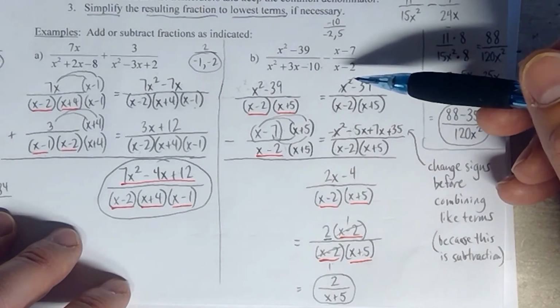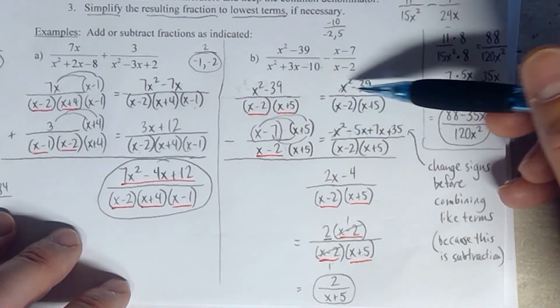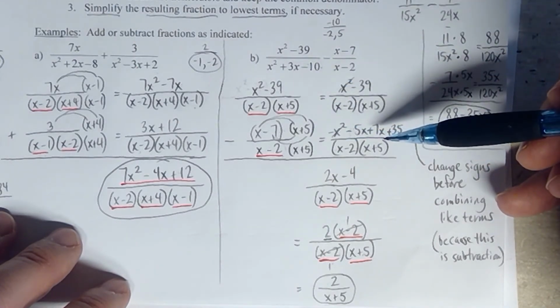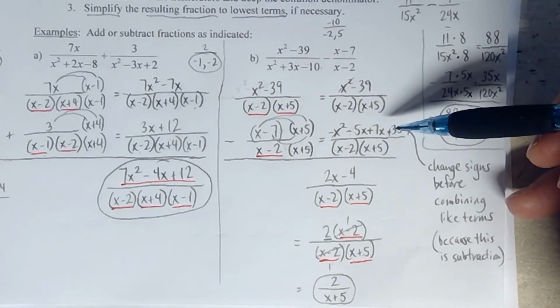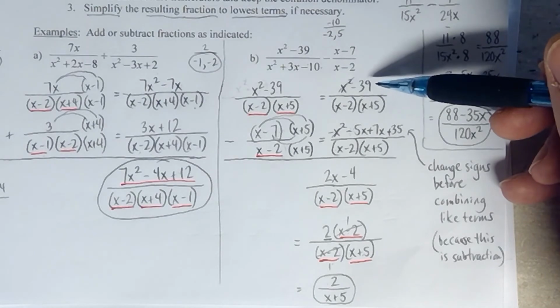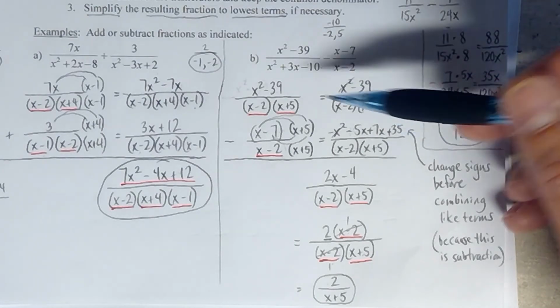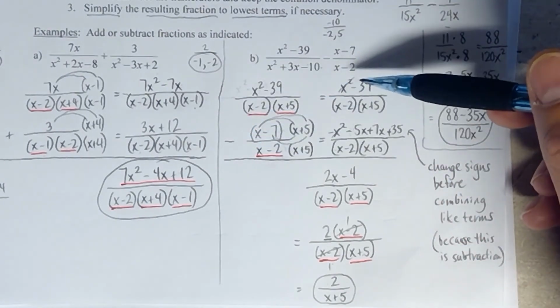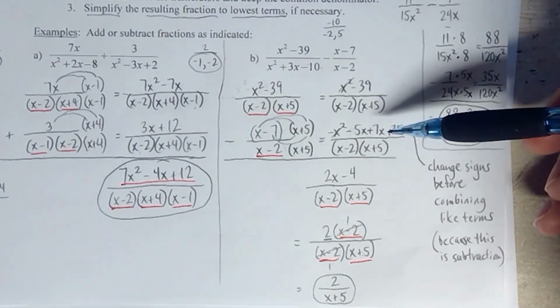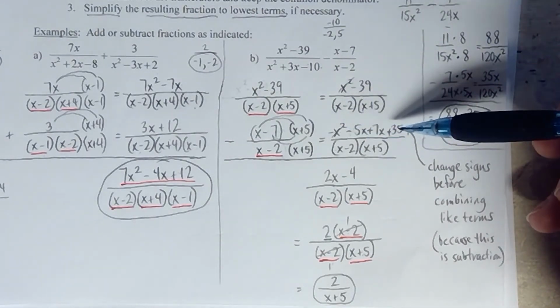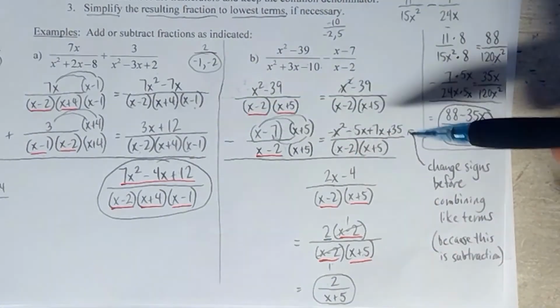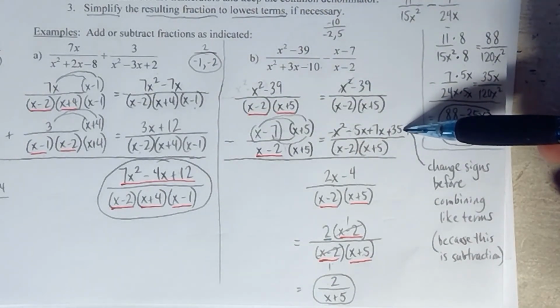If it's a subtraction problem, remember after you clear out those brackets on the top, you got to change the signs of only the second one. Do not change these ones. Only the second one, the one that's being subtracted. We're doing first minus second, so it's the second one being subtracted. Change the signs of only the second ones before you combine like terms. Otherwise, it's the same as this over here, other than the sign changing on the one that's being subtracted.